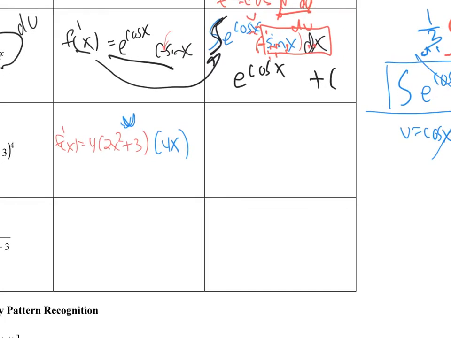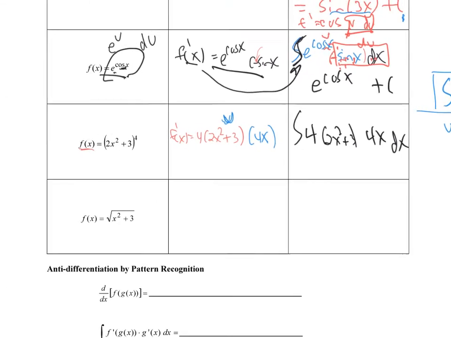And then, using common sense, if I integrate my 4 times 2x squared plus 3 times 4x. Oh, I missed something, didn't I?